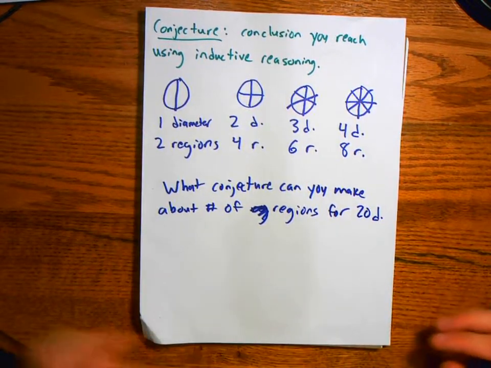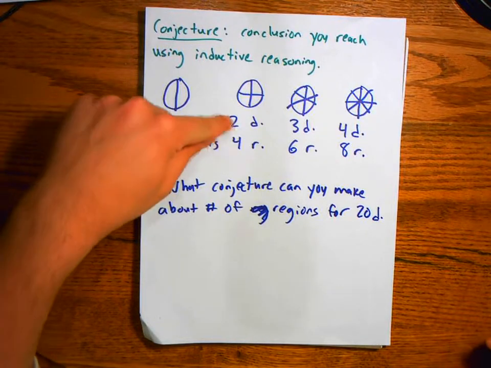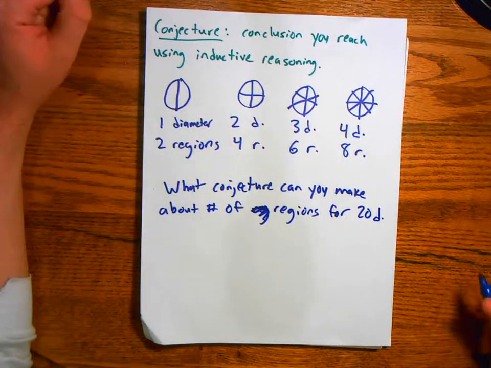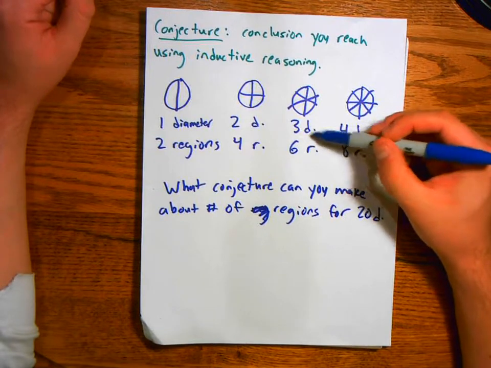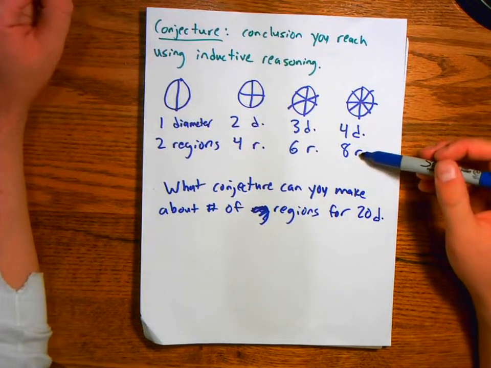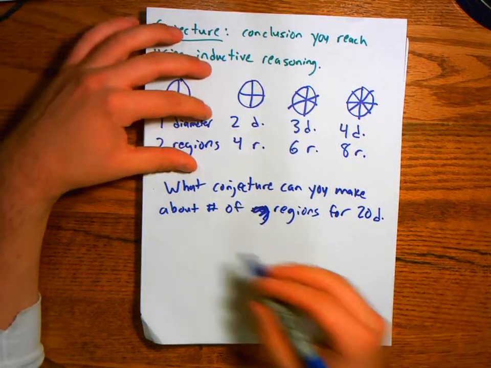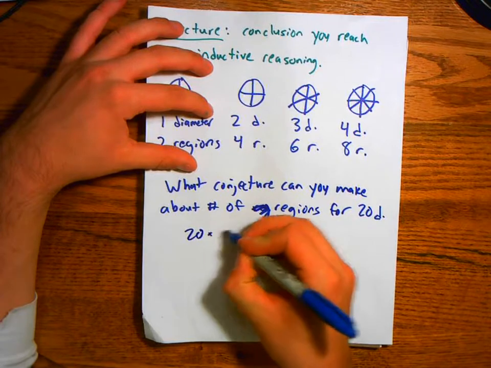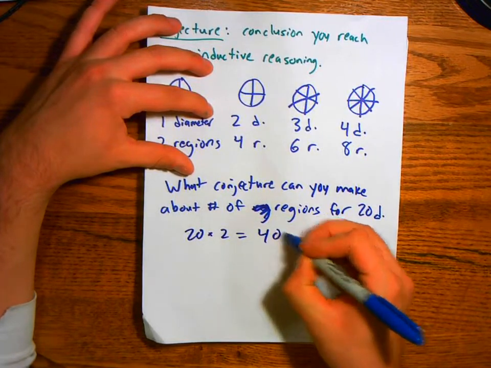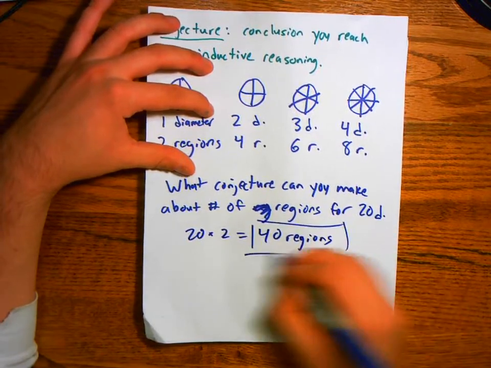Okay, so you may notice that to go from 1 diameter to 2 regions, you multiply by 2. To go from 2 diameters to 4 regions, you multiply by 2. The same happens from 3 to 6 and from 4 to 8. So however many diameters there are, you multiply by 2 to get the regions. So for this example, we have 20 diameters, multiply that by 2, and that gives us 40 regions.